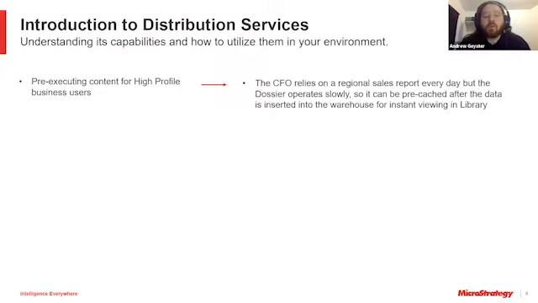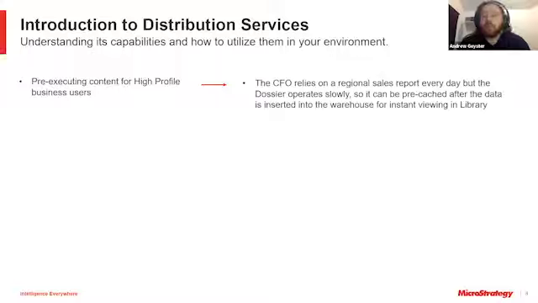One of the largest use cases that we do experience with support is the pre-execution of content. For example, as a customer, there could be a requirement for delivering specific dossiers or reports that showcase the sales that the CFO needs in order to make business decisions.